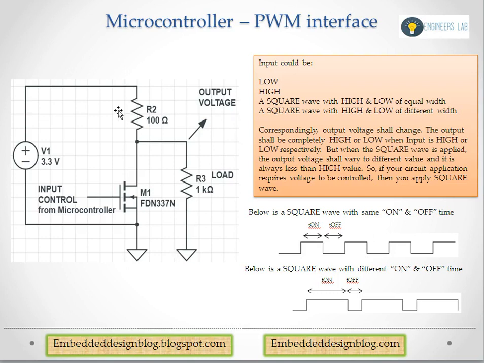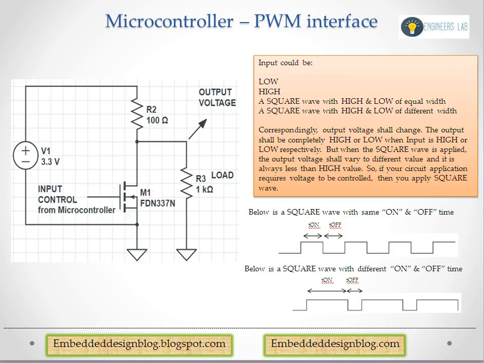When you see this circuitry, you see that the output voltage always depends on the input voltage that is provided here. The input voltage, for any circuit that needs to be automated, should be given from a microcontroller, so that you write a program and based on your requirement it automatically controls the MOSFET.